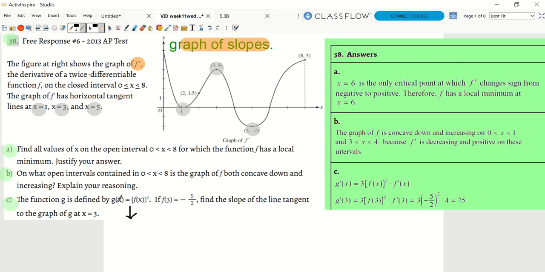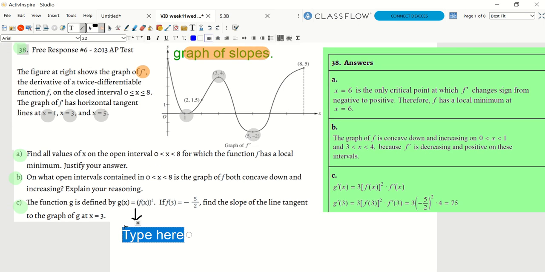If I'm trying to find the slope of G, the generic form is going to be this: G prime of x equals derivative of outside, leave inside, and then derivative of inside, like that.